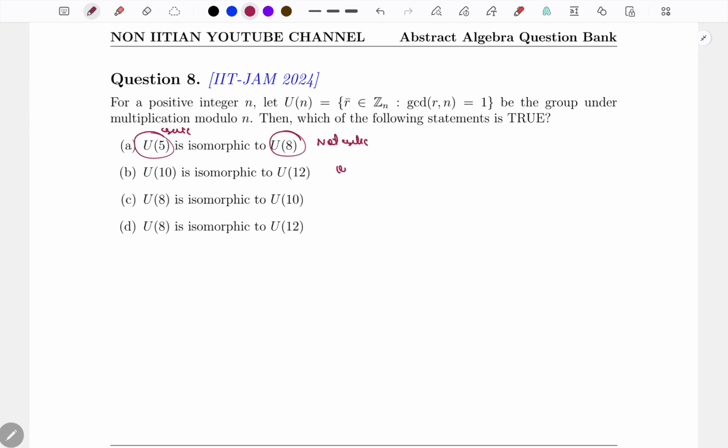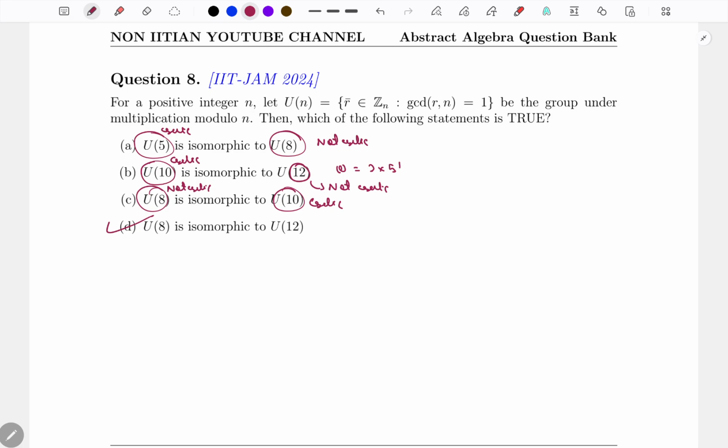Okay, see, 10 is equal to 2 times 5 to the power 1, so U10 is cyclic. 12 is not cyclic; U12 is not cyclic. U8 is not cyclic, while U10 is cyclic. So the only possibility you are having is basically this. So this should be the correct answer.